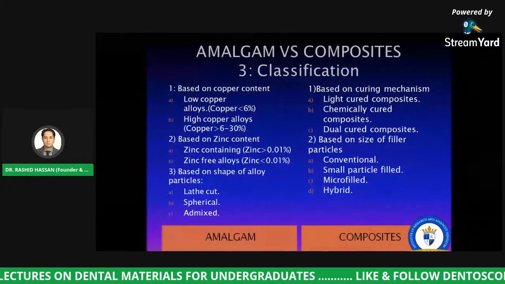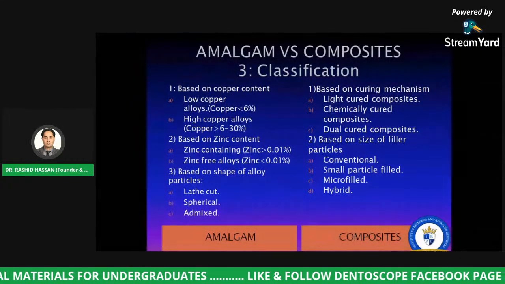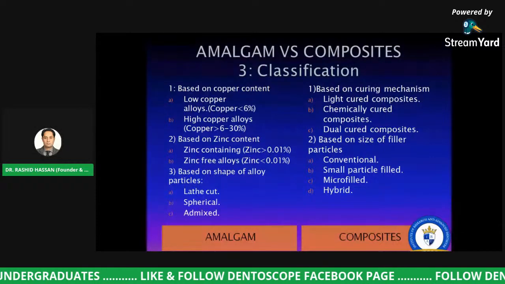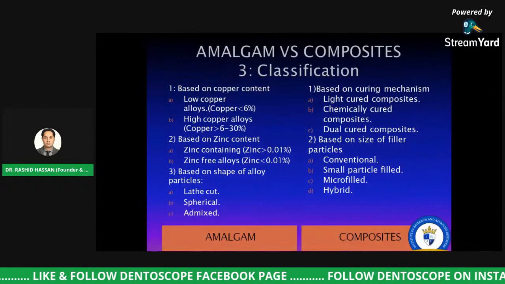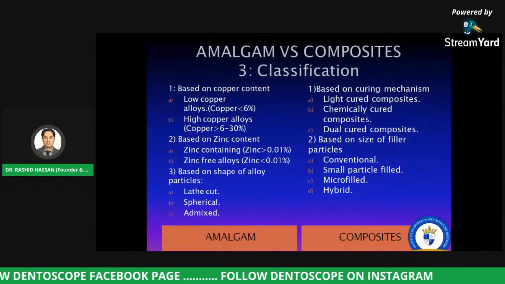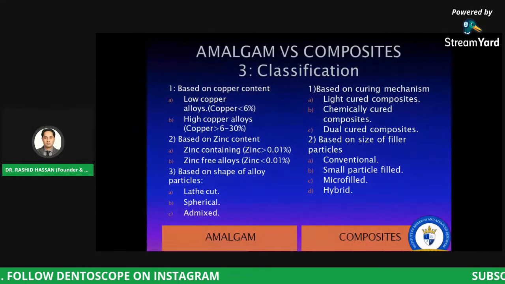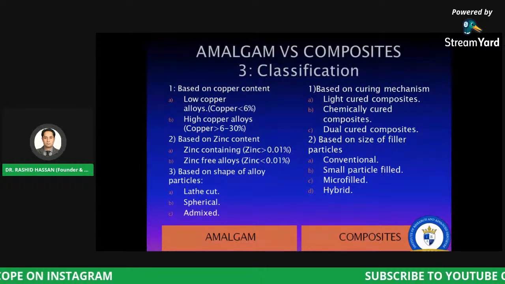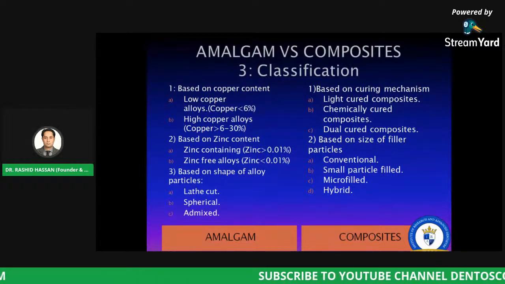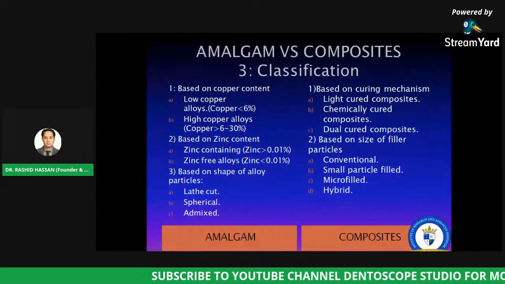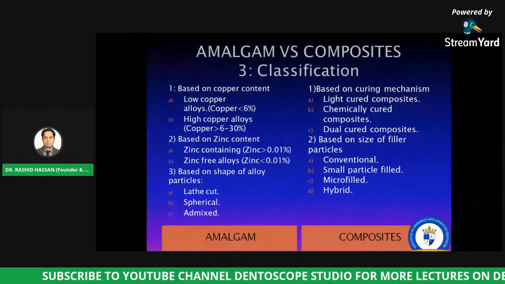In the spherical particles of the dental amalgam, the particles are shaped in a controlled environment, right? So that's why they get a spherical shape, which is a regular shape. I told you lathe cut have irregular shape.